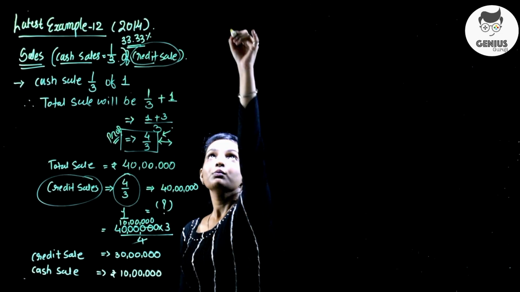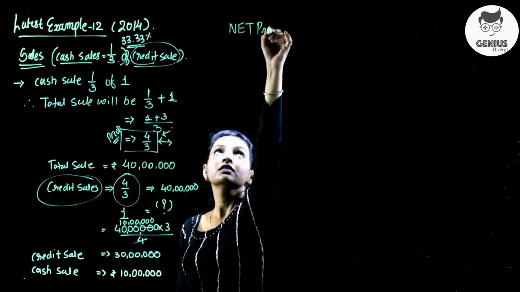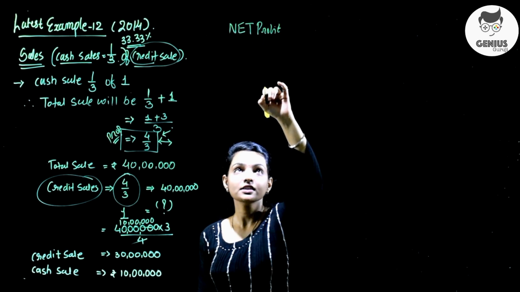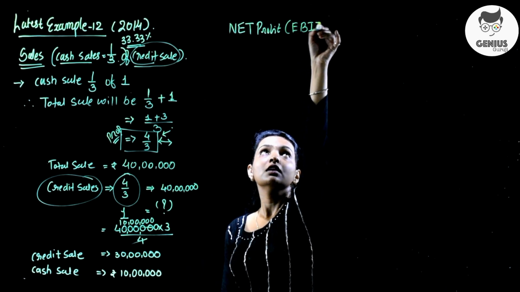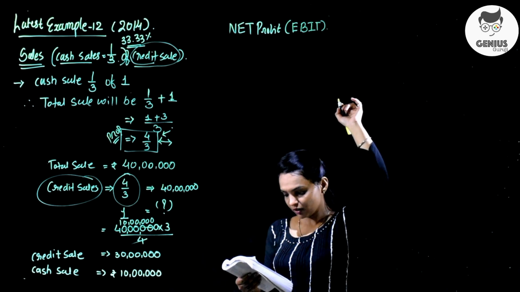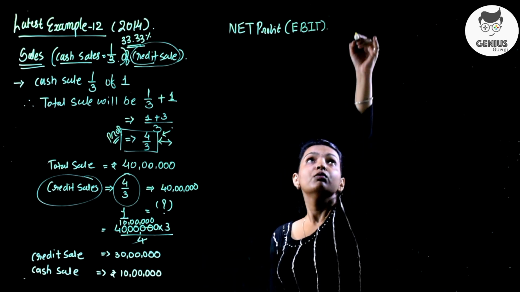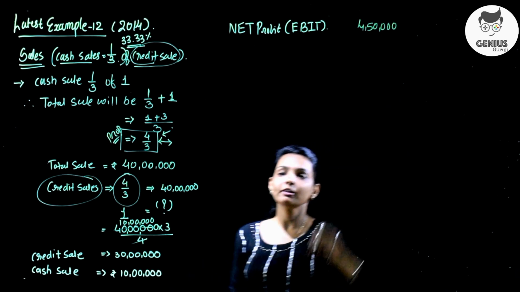Now we are moving on to the most important part, net profit. Okay, this is your EBIT, earning before interest and tax. The given amount is 4,50,000. Now what will be my next step?